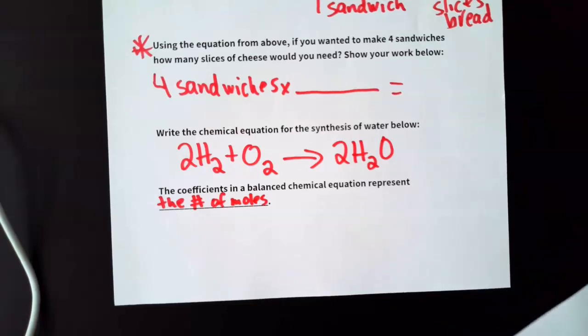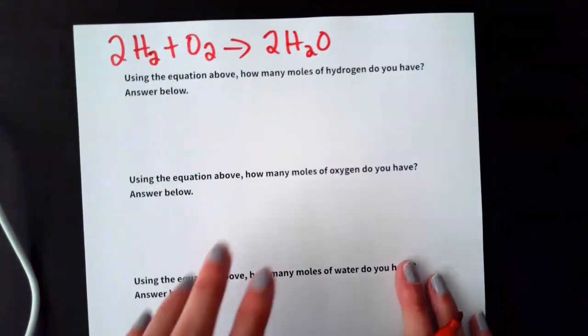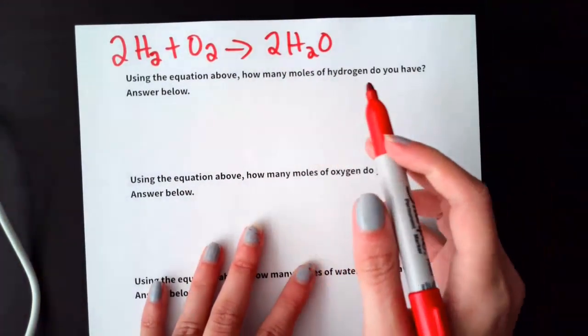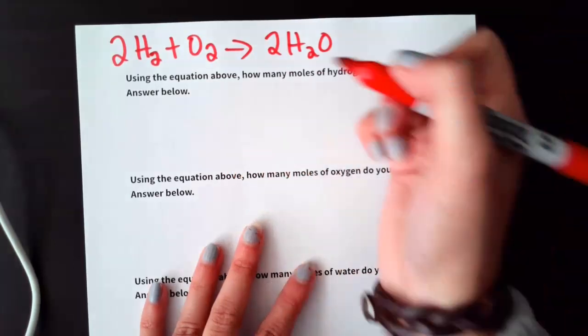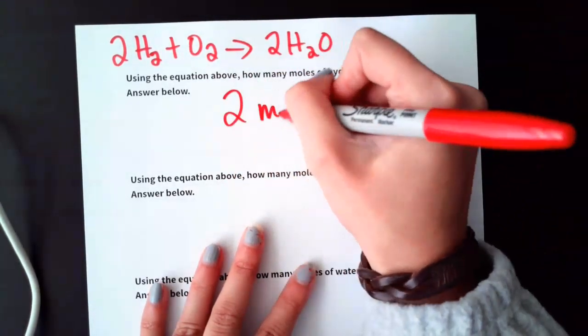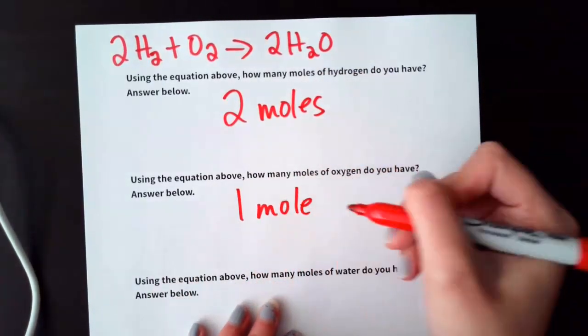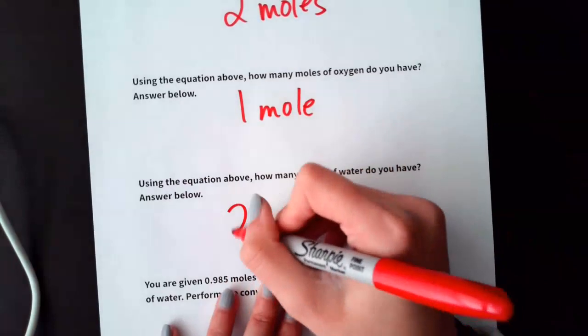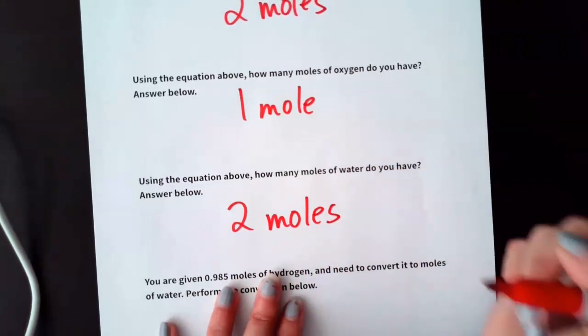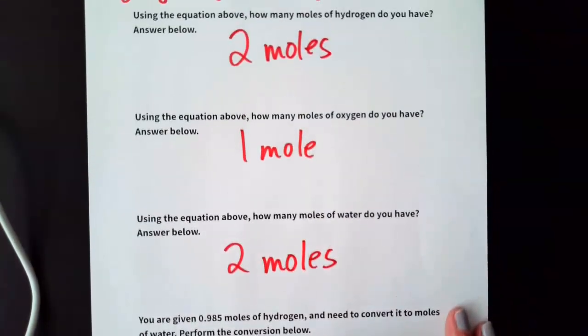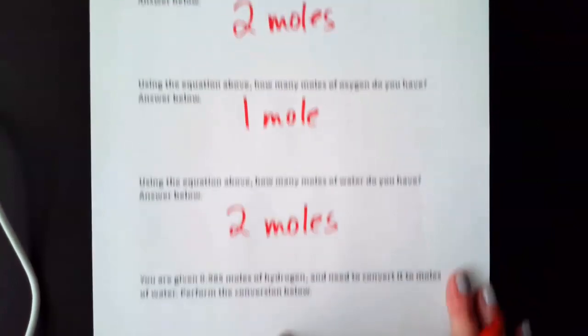Okay, so if we look again here, kind of just told you this one. But using the equation above, how many moles of hydrogen do you have? Answer below. So we have 2 moles of hydrogen, we have 1 mole of oxygen, and then 2 moles of water.